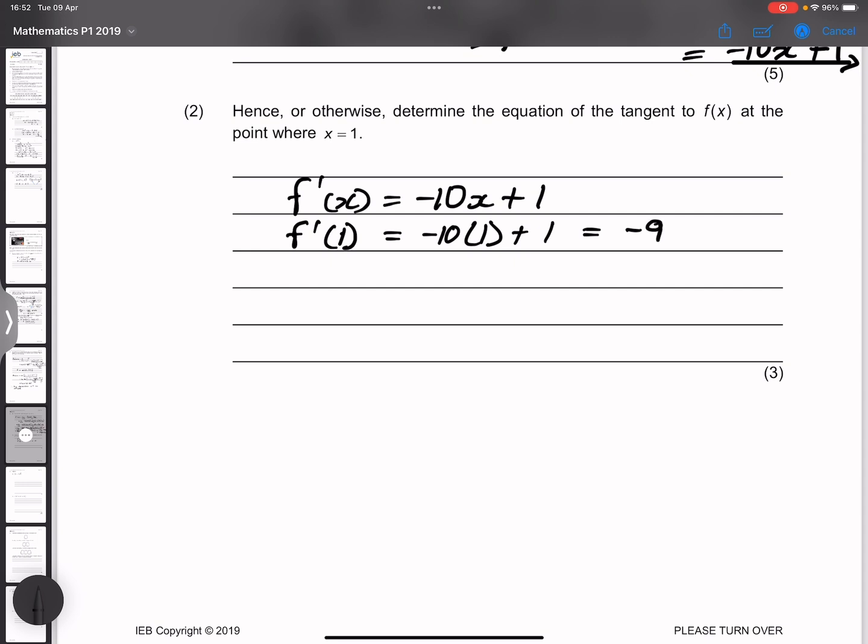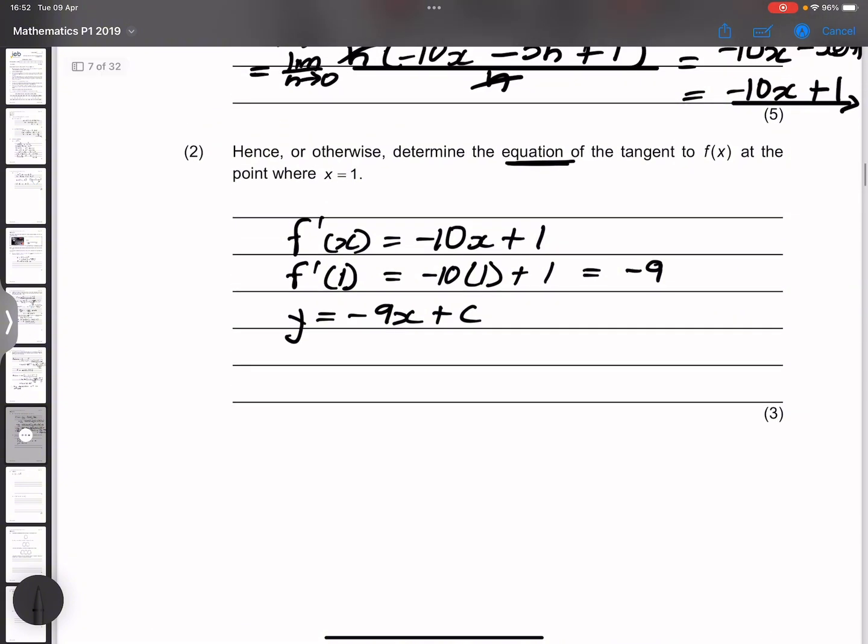Now remember, they said we need to determine the equation of the tangent. So the equation of the tangent will be y is equal to minus 9x plus c. But how do we determine the c value? We need to find a point. So I'm going to find f of 1.